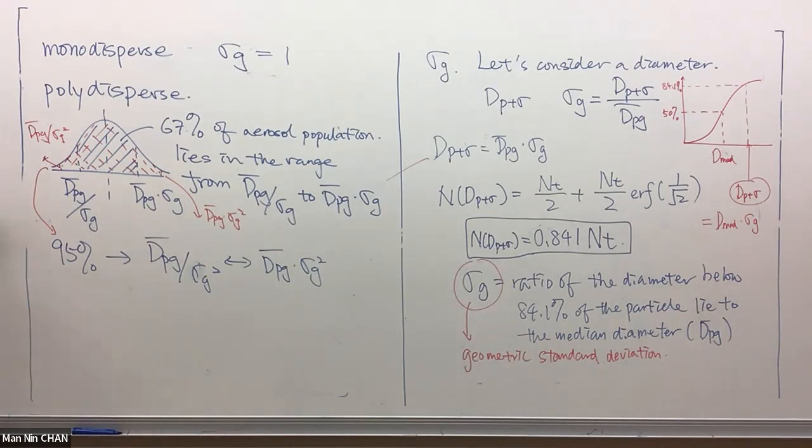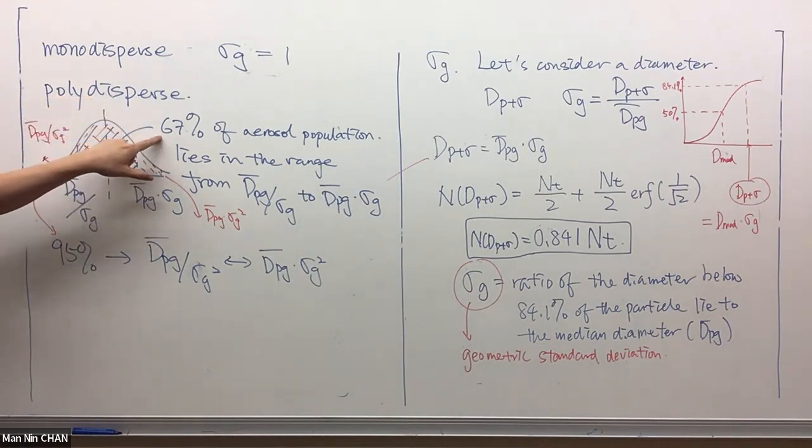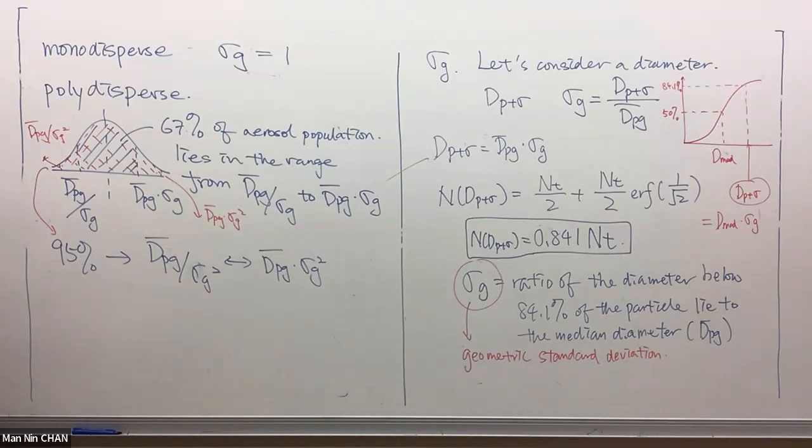So this is a bit different when we say you're using the standard deviation. But just to give you the idea, in case you try to find 67% of your aerosol population or 95% of your aerosol population, you're looking for the size range. So this will give you ideas.